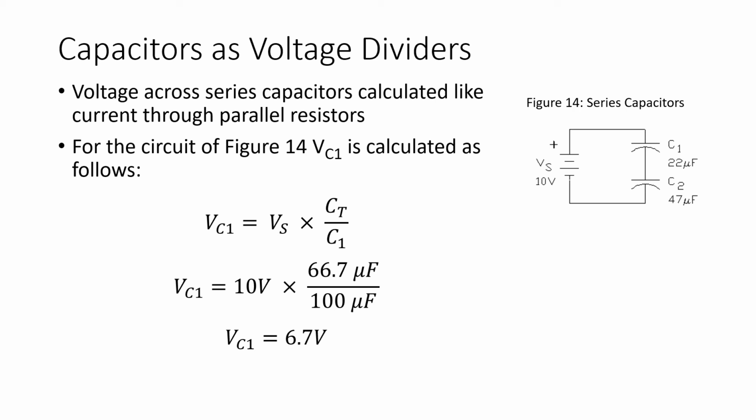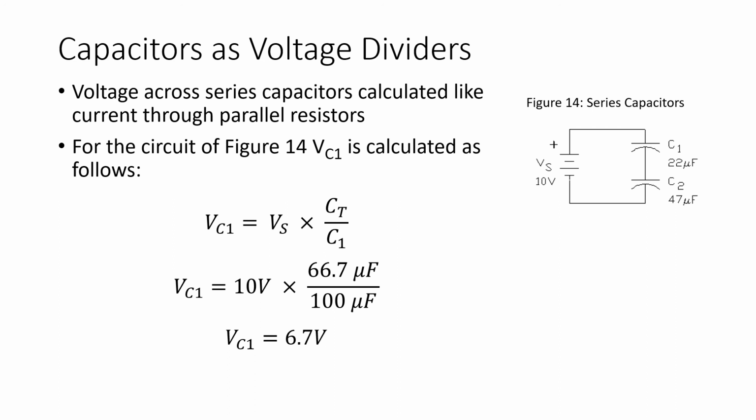And hopefully you remember the current divider equation for parallel resistors, where IR1 would be equal to I source times R total over R1. So the voltage across capacitor C1 is 6.7 volts.